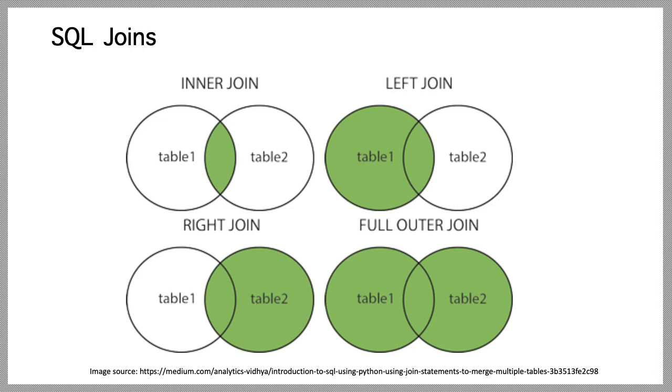So for example, let's think of an example of customers and orders, 2 tables in a database of an online store. Each customer will have a unique customer ID, and other columns in the customers table would be name, surname, and address.